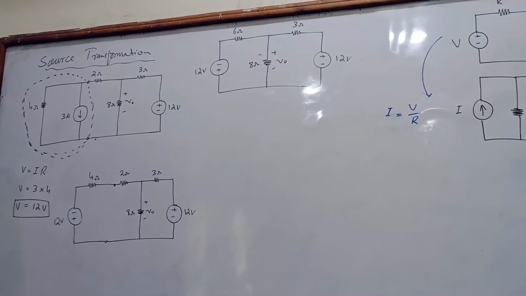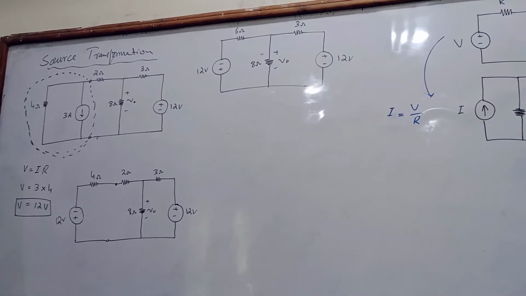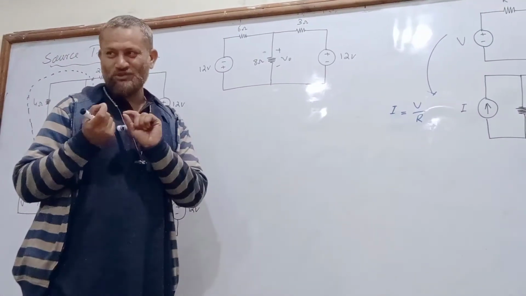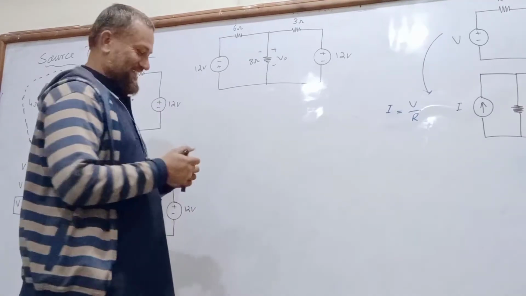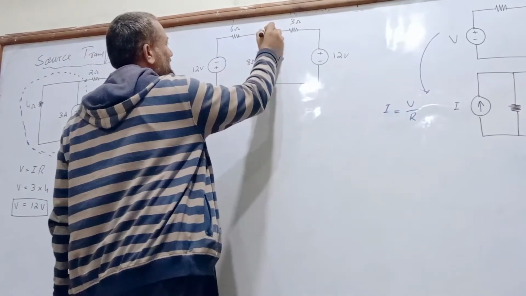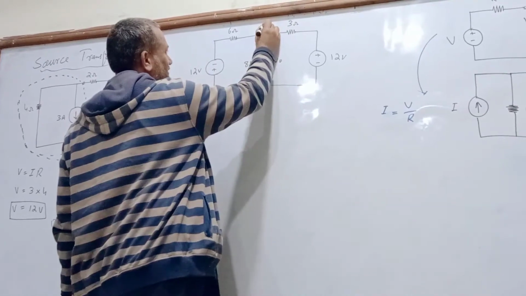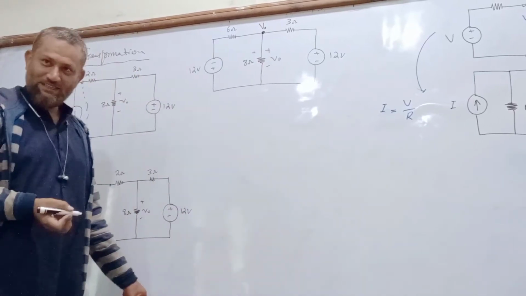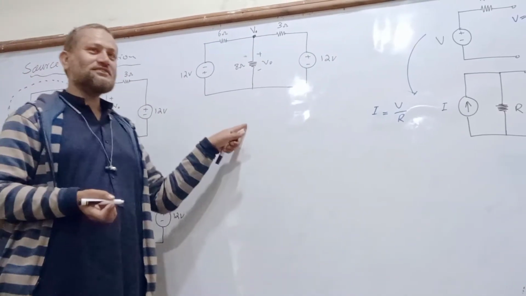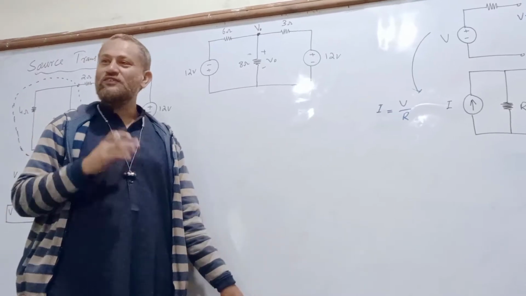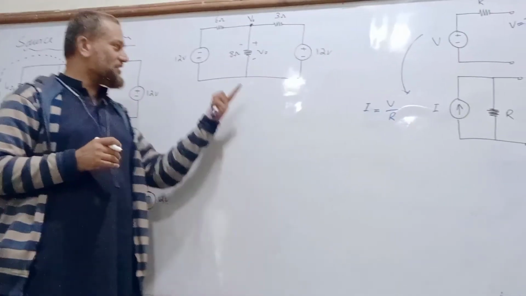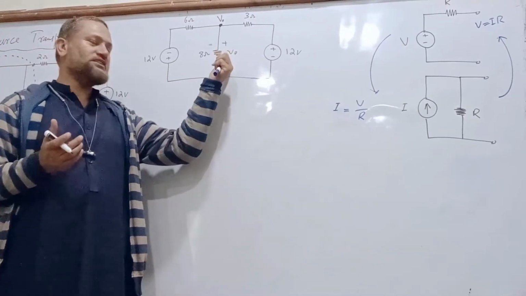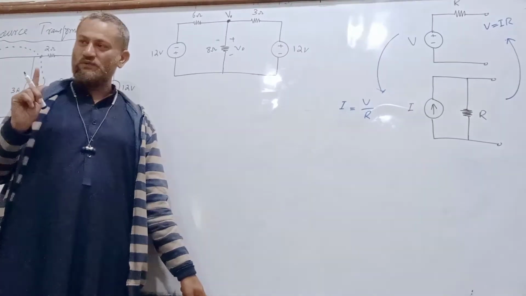Let us put a little twist on this. This V, let me call it V naught. Now after that, although it is not fully a source transformation, we have simplified this circuit to solve this V naught by one equation.